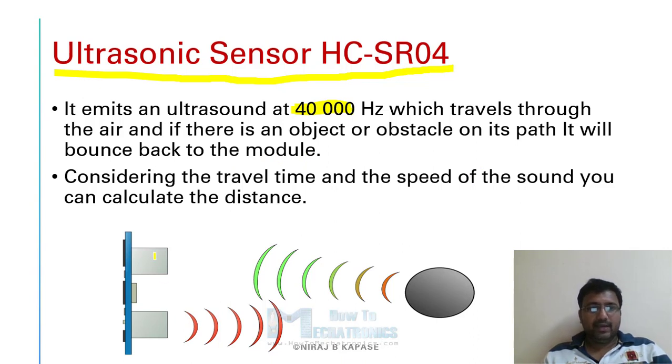Here is the transmitter, T, and this is the receiver, R. A crystal is available to generate the signal, and at the back side we have the ICs. The transmitter sends the signal, and when it finds an obstacle the signal bounces back and is received by the receiver. Considering the travel time and the speed of sound, we can calculate the distance.